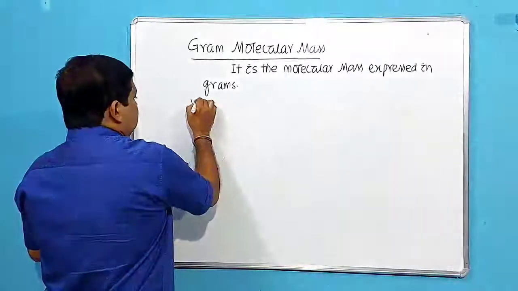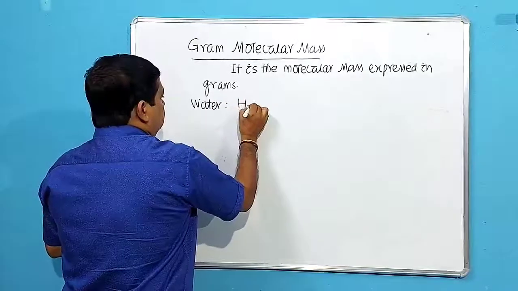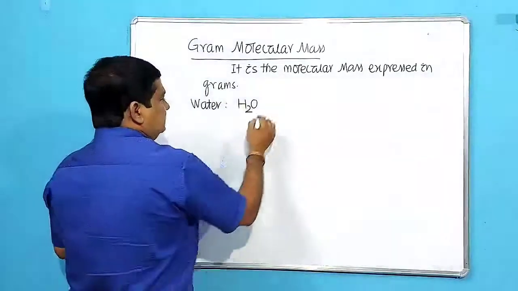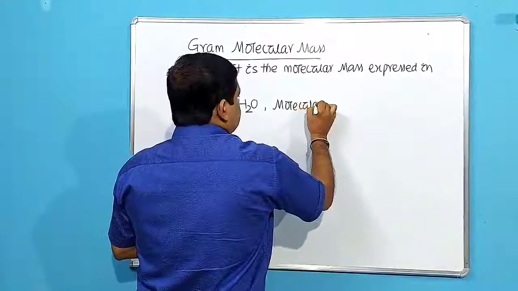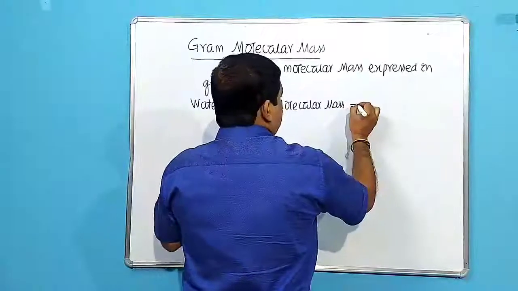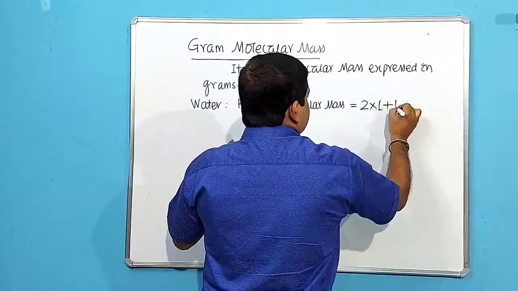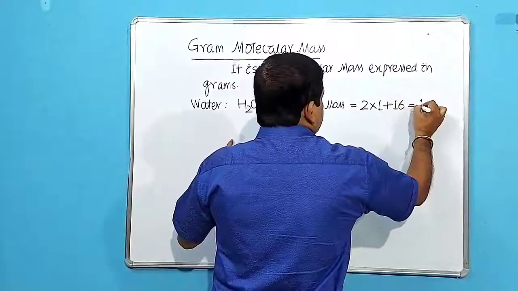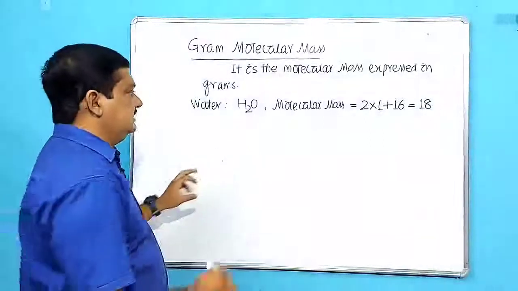For example, water. We will take the case of water. Formula is H2O. What is the molecular mass? The molecular mass is 2 hydrogens, so 2 into 1, plus 1 oxygen, that is 16, that is 18. Molecular mass of water is 18.